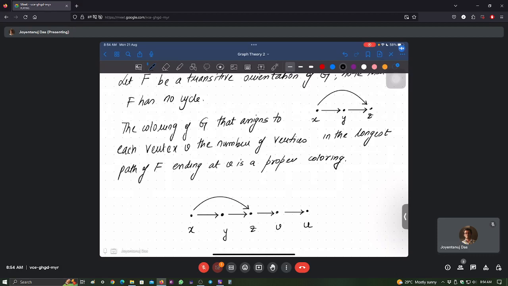Now X to Y to Z is there, Z to V is there, so this edge will also be there. Now Z to V and V to U edge is there, so Z to U edge is there. Now if I consider these two, X to Z is there and Z to U is there, so this edge should also be there because it is transitive, right?